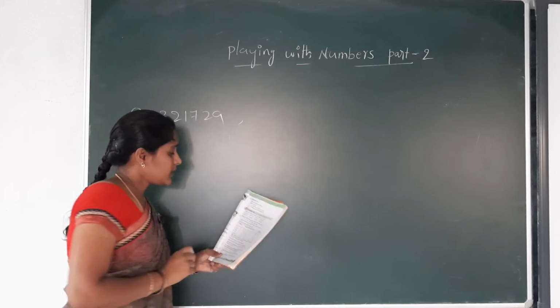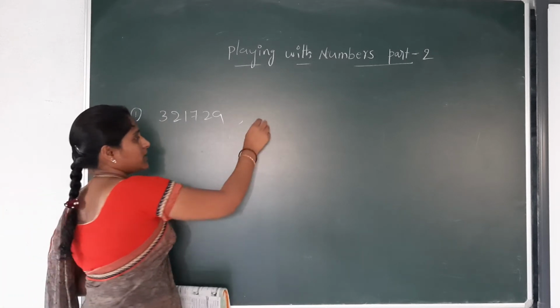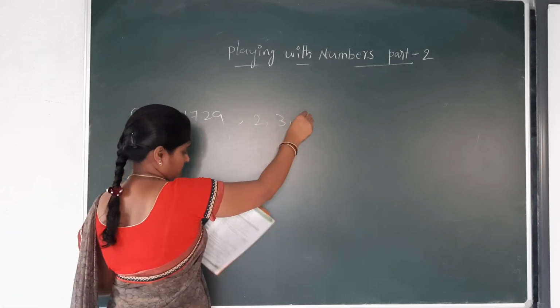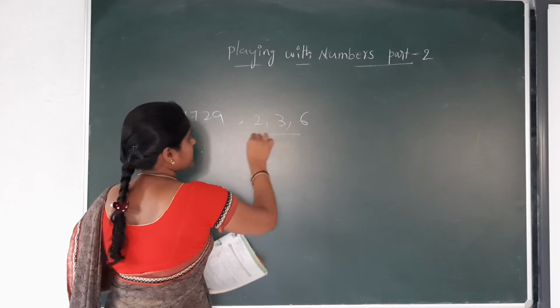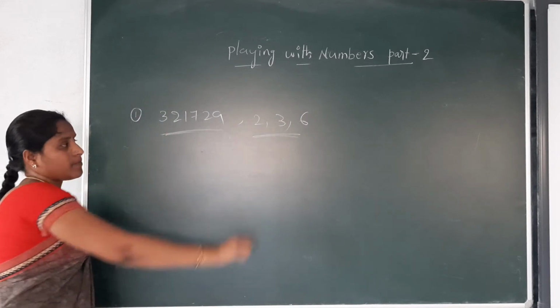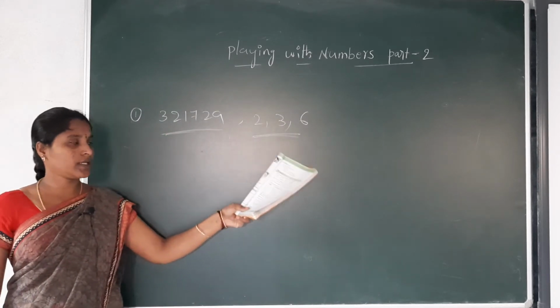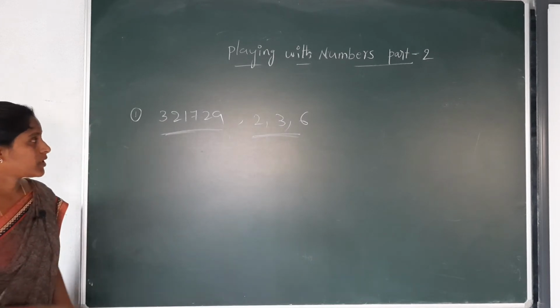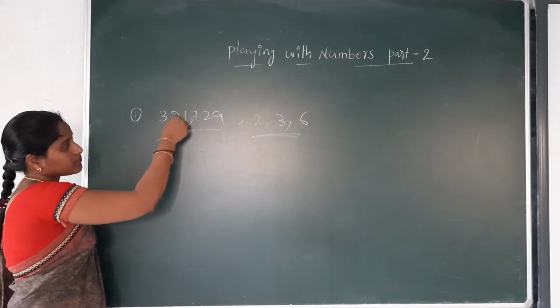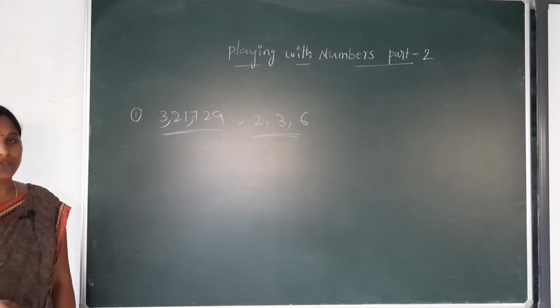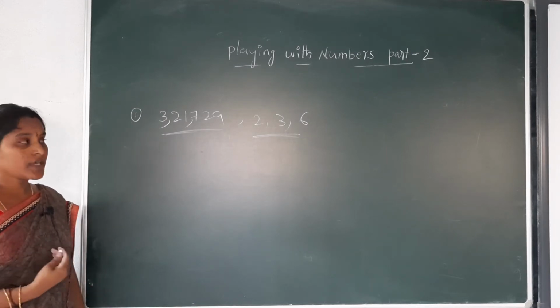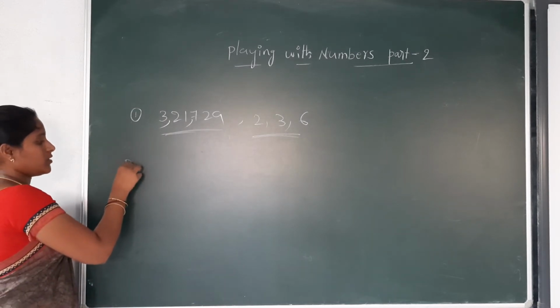Here we have to check the given number using the divisibility rules for 2, 3 and 6. What is the number here? 3,21,729.